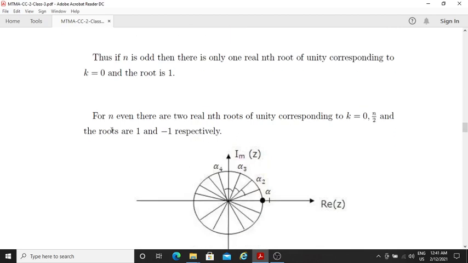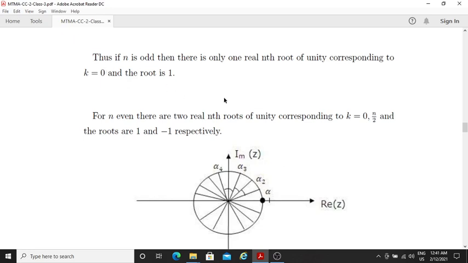So for k equals 0, you are getting 1, and for k equals n by 2, you'll get minus 1 as one of the roots. Now just remember the cube root of 1. If you remember the cube root of 1, you must have seen that the roots are 1, omega, and omega square.